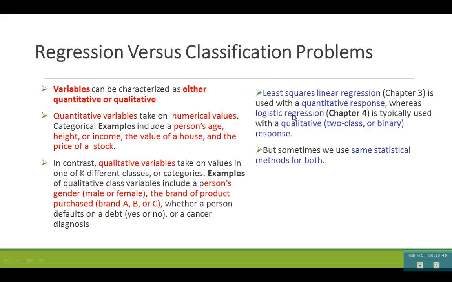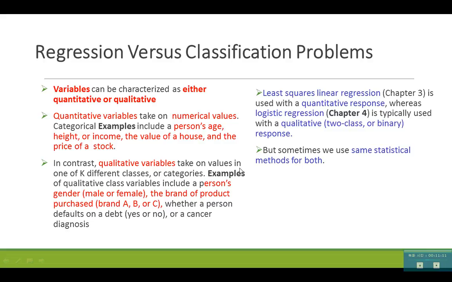Next is least square regression versus classification problem. Variables can be categorized as either quantitative or qualitative. Quantitative variables take on numerical values, for example a person's age, height or income, the value of a house.